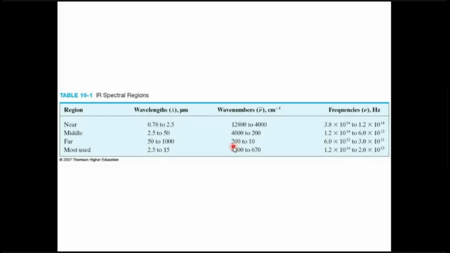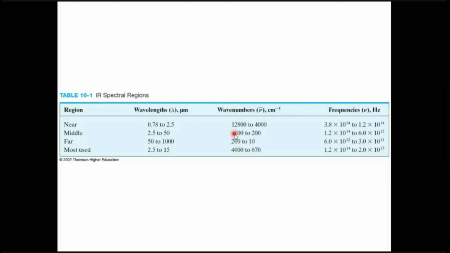In terms of wave number, it is 200 to 10 centimeter inverse. Now, the most used part of the infrared region is 2.5 to 15 micrometer. It falls in the mid infrared region. Similarly, 4000 to 670 means it falls in this wave number region.